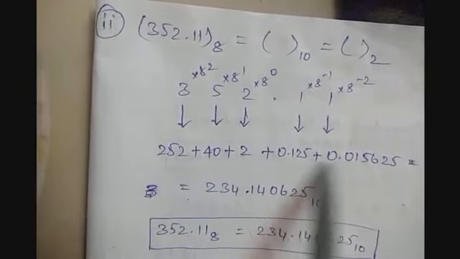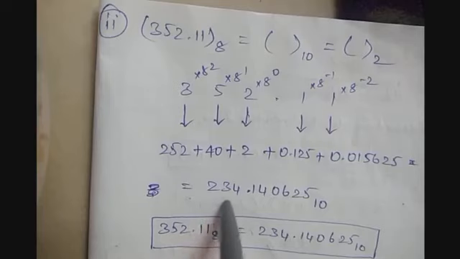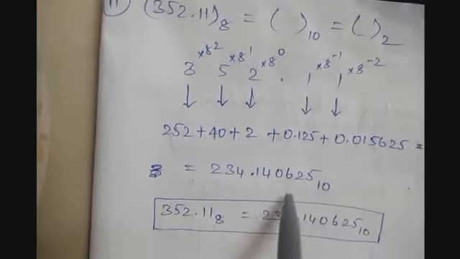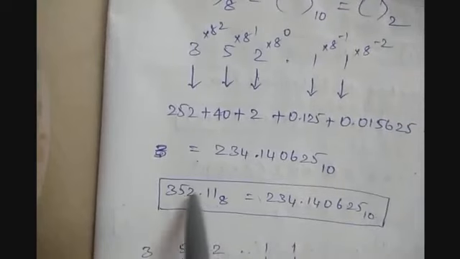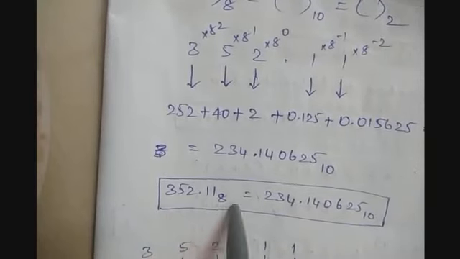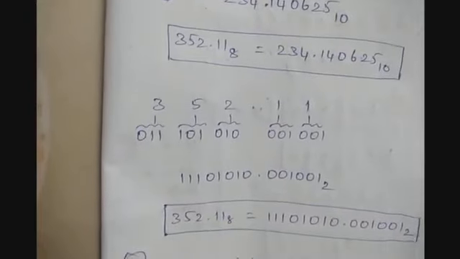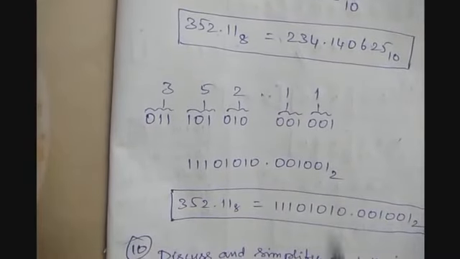Multiply, then add the values. Finally we got 234.140625. It's the decimal equivalent of 352.11. So we'll see how to convert the given octal number into binary.